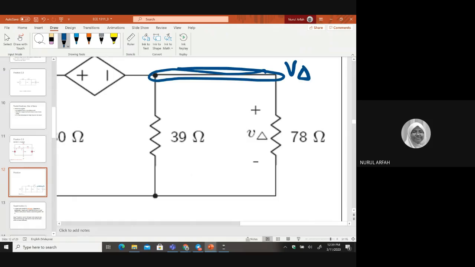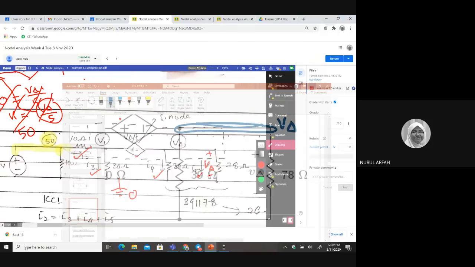And since 78 ohms and 39 ohms are both in parallel, you can actually combine them because both have the same node V delta up here. Any question? Or you can leave it as it is, no problem.